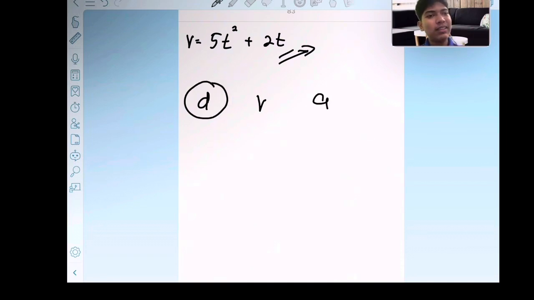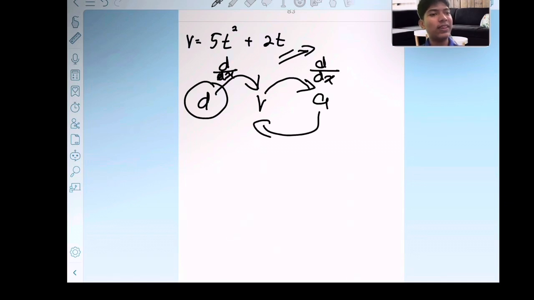To go from displacement to velocity, we must differentiate it, d over dx. To convert velocity to acceleration, we must differentiate it. To convert acceleration to velocity, we must integrate it. And to go from velocity to displacement, we must integrate it.